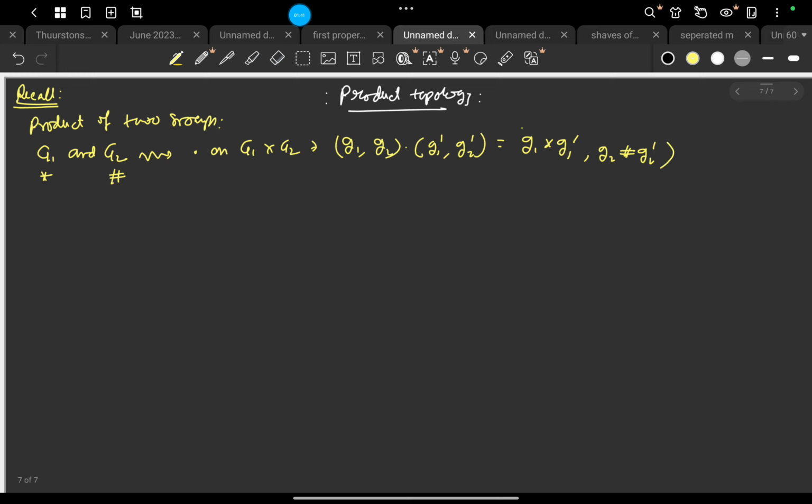Sorry. So you see that g1 and g1' both are coming from G1, so you can apply the binary operation star between g1 and g1'. Similarly, g2 and g2' both are from G2, so you can apply the binary operation hash on g2 and g2'. So we are getting two elements, this belongs to G1, this belongs to G2.